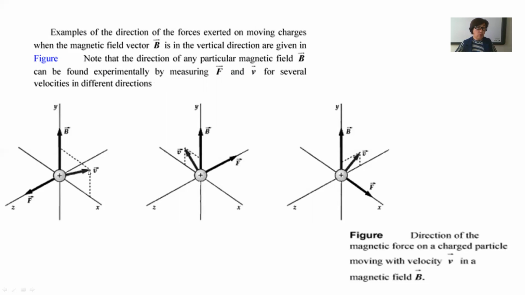Here are examples of the direction of the force exerted on a moving charge. This is the direction of the velocity, and the magnetic field vector B is in the vertical direction, as given in the three figures. The direction of any particular magnetic field can be found experimentally by measuring the force for several velocities in different directions.